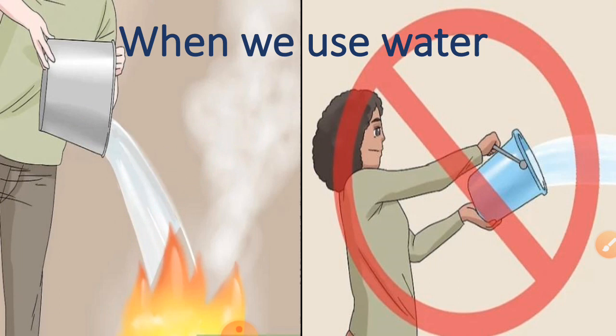But we should not use water when electric equipment is on fire, as water may conduct electricity and give a shock to people dousing the fire. Also, it should not be used when oil or petrol catches fire, as water is heavier than oil and petrol and sinks down. Oil and petrol keep floating on the top and keep burning. So we cannot use water.